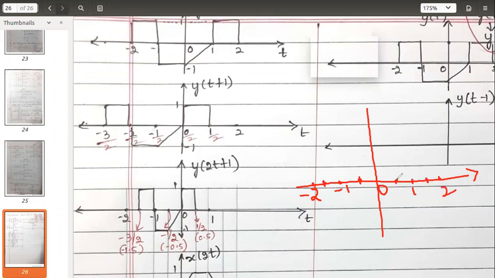Okay, in between these points are 0.5 points. What is the new time? -3 by 2, that is -1.5. -1.5 is here. Then -2 by 2, which is -1. -1 is here. So this pulse will be here.